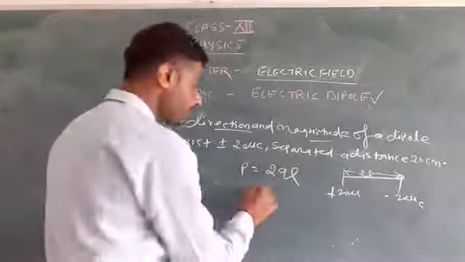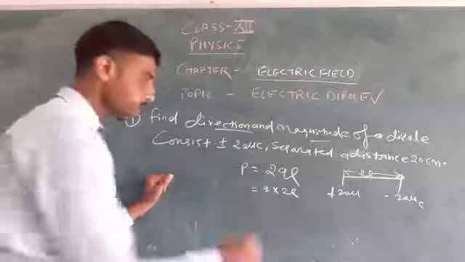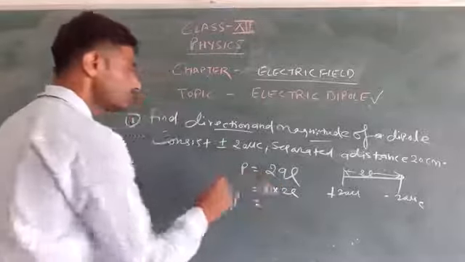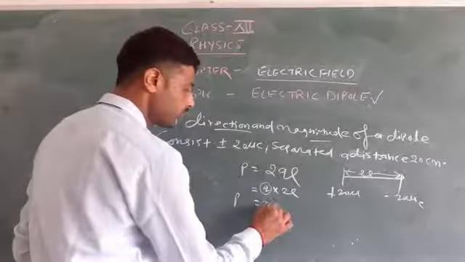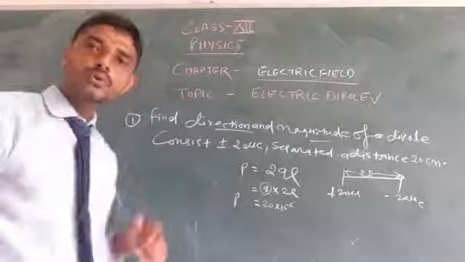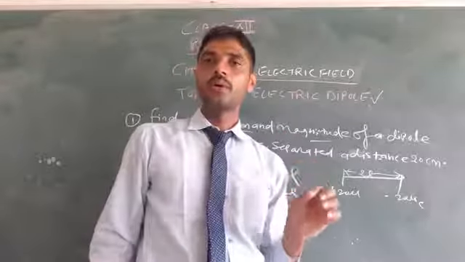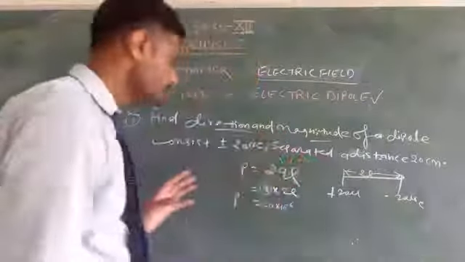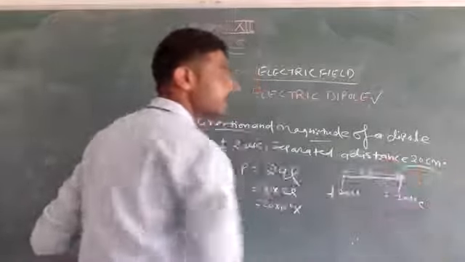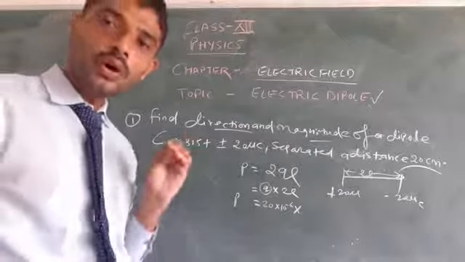So we have to put q into 2l. What is the value of q? This is 20 microcoulomb, so 20 into 10 to the power minus 6. We have to convert microcoulomb into coulomb. And the distance is 20 centimeter, which is also converted into meter.